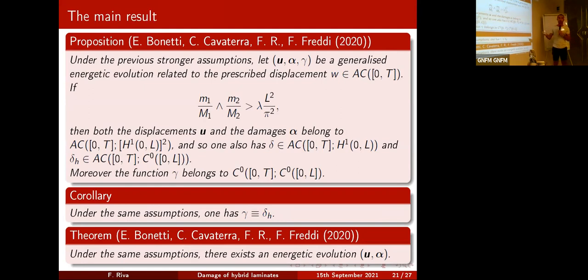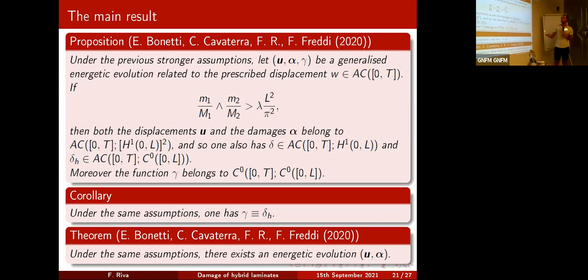So, under the stronger assumptions of the previous slide, we are able to prove that given a generalized energetic evolution, which we know exists from the previous discussion, under some relationship between the parameters, we can gain some regularity in time for both the displacement and the damage.